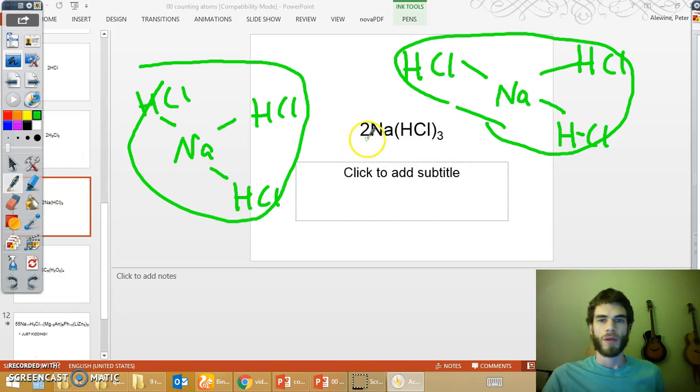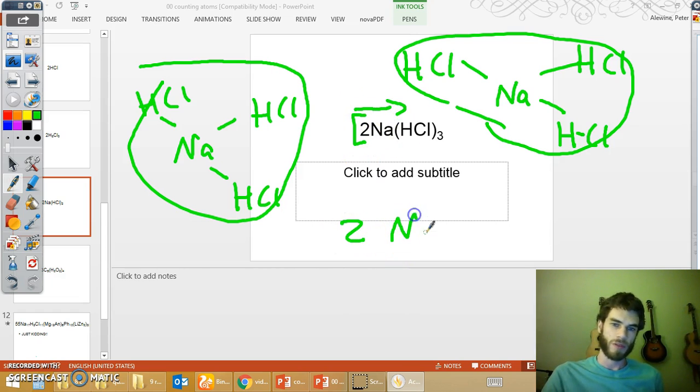Well, ordinarily, without this 2, there would be 1 sodium, but the 2 multiplies everything throughout the molecule by itself. So there are 2 sodiums. Ordinarily, before the big 2 comes along, there are 3 of these hydrogens. But since the big 2 is hitting it also, there's 2 times those 3, 6 hydrogens.